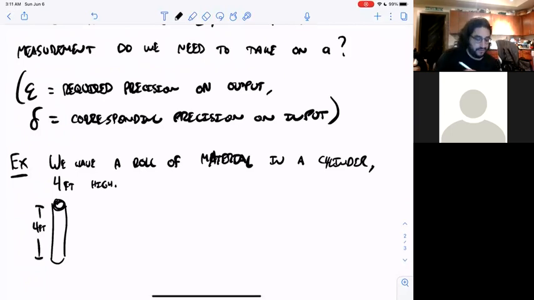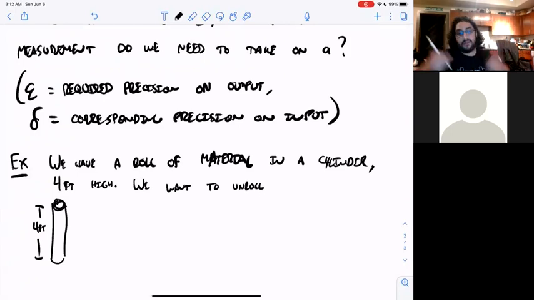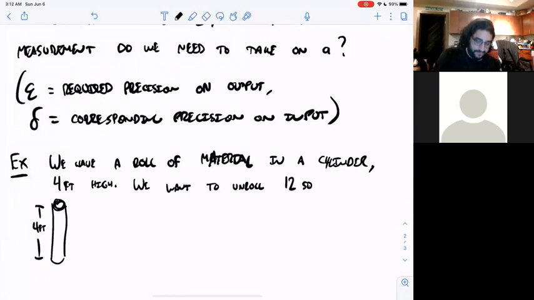What we want to do is unroll 12 square feet of material.